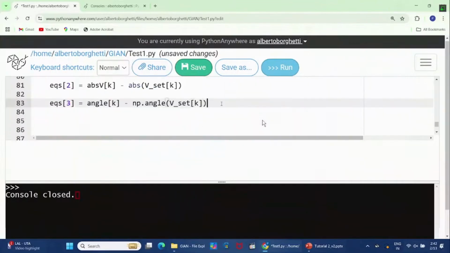So at the end we put a return. What is the important thing? It is the value of this receiver, so EQS. This function will be used by fsolve iteratively in order to minimize the equation. So I think it will be good in any case to also print these equations or their values, in order to see at each iteration of fsolve what it is doing. Is it good?